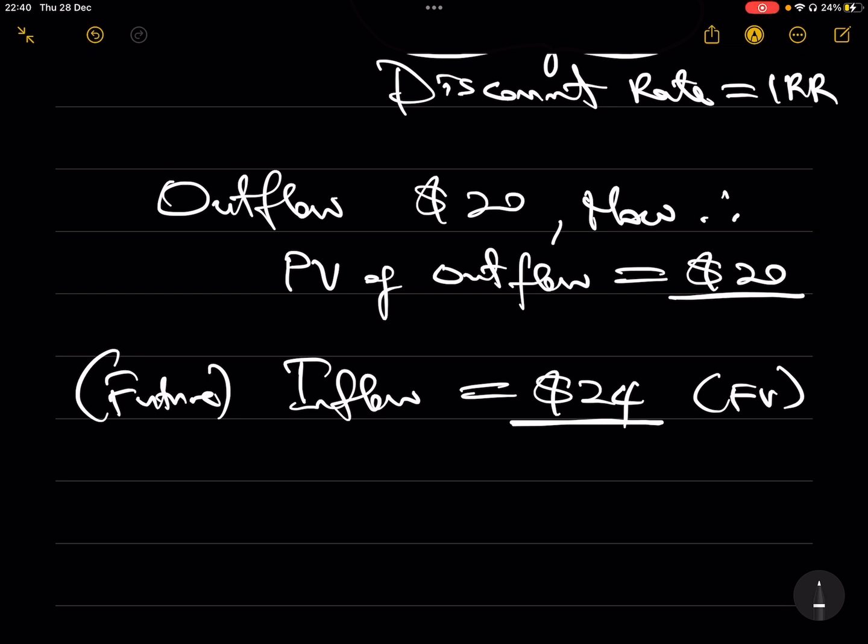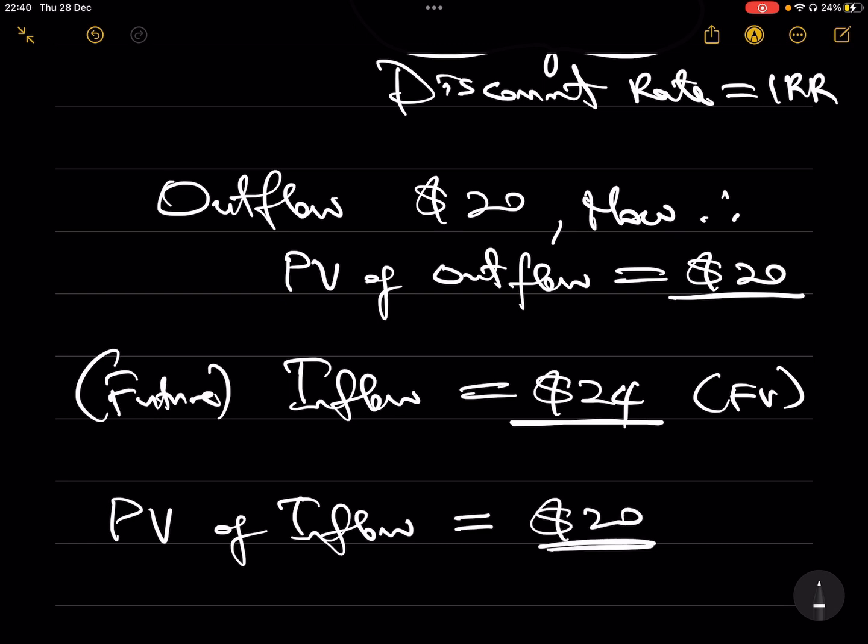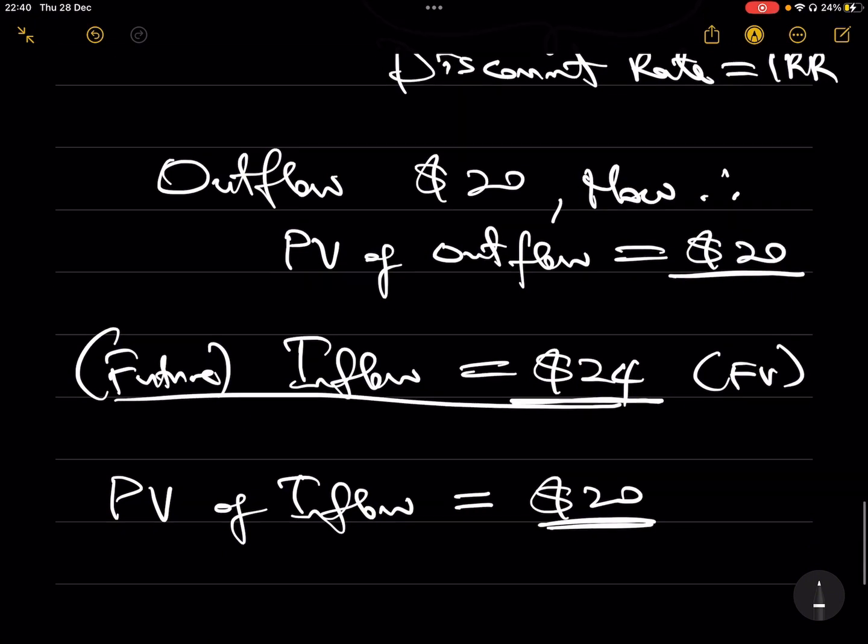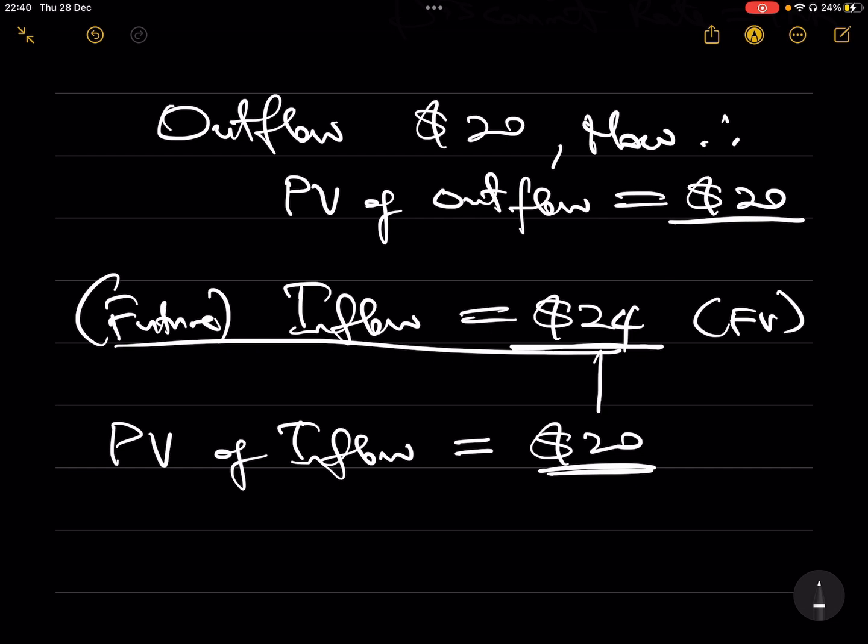Because what we are looking for is to get a PV of inflow that will be the same as PV of outflow. So which means we must get PV of inflow to be equals to $20. But currently, the future value of inflow is $24. So we need to calculate what rate will make this happen. Any rate that makes that happen will be our IRR.